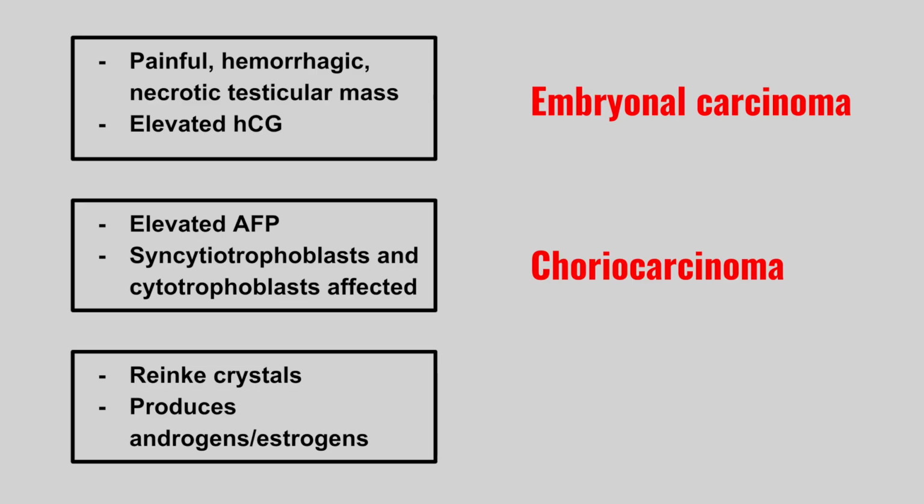This is a choriocarcinoma. Next, we have Reinke crystals, and this tumor produces androgens and estrogens. This is a Leydig cell tumor. And remember, because it produces androgens and estrogens, we can have things like precocious puberty and gynecomastia.